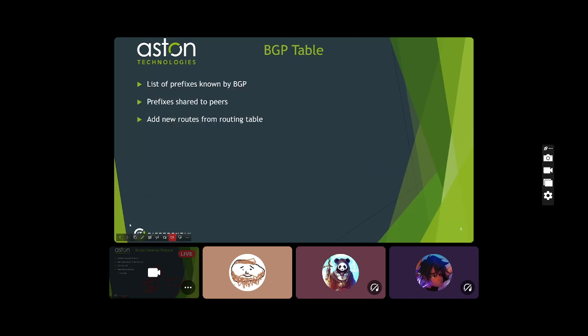Alright, so, just like with the other routing protocols that we've learned, BGP has its own table. This is a list of prefixes known by BGP. Prefix is network address plus subnet mask.